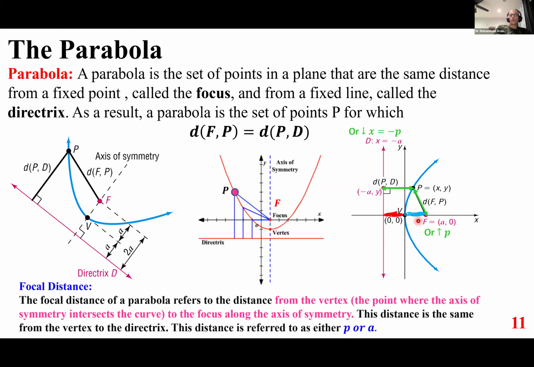Because in algebra we used A as the leading coefficient, I'd rather go with P, okay? And so when we learn that this distance is P, as long as we have the location of the vertex, we can locate the focus at (P, 0), for example, to the right of it. And because it has the same distance and it's a vertical line, the directrix is x equals minus A or minus P.